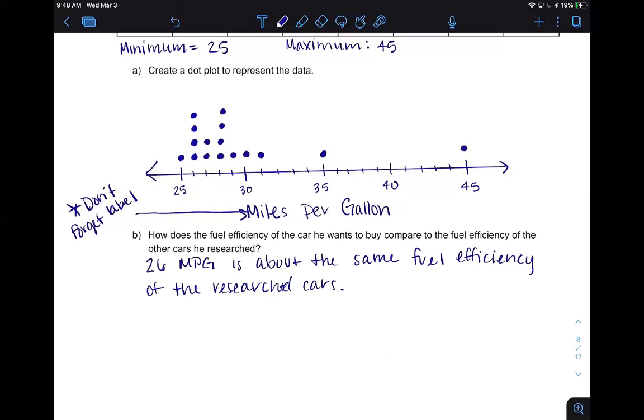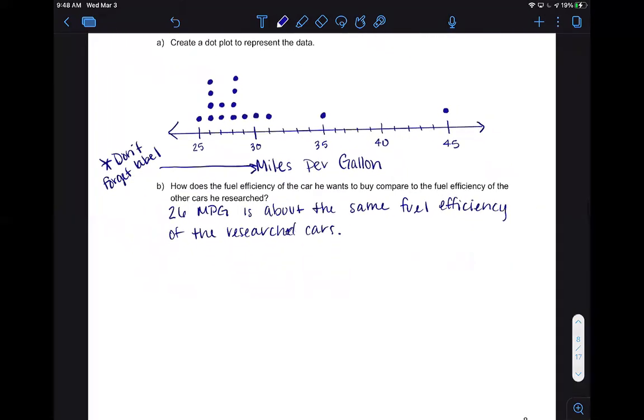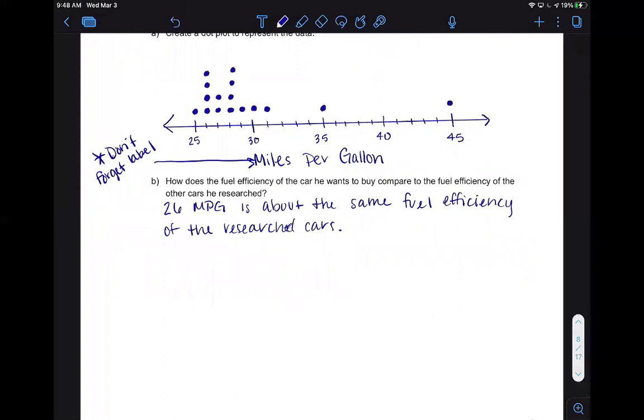And then we have a little bit of vocab we're going to throw in here. The nice thing about dot plots is it's really easy to see some key characteristics. The first one we're going to talk about is an outlier. Is there a data point that falls outside of the rest of the data? It lies outside: 45 and 35.